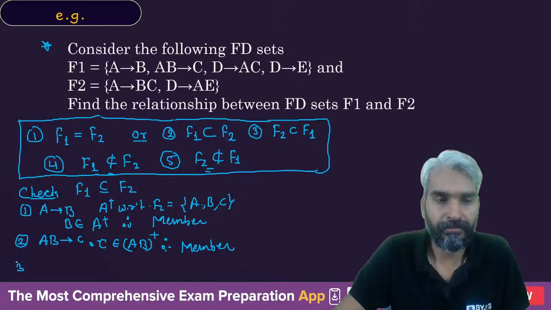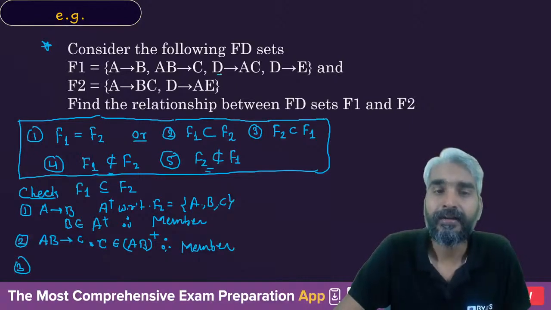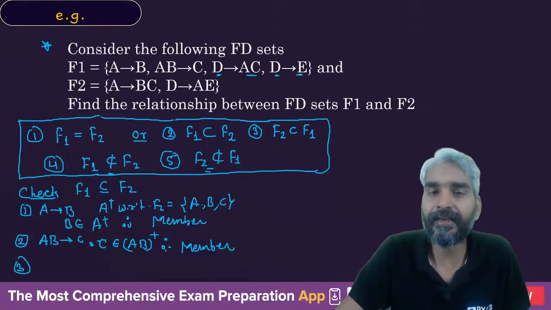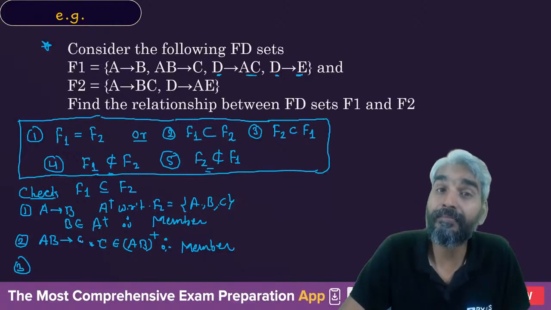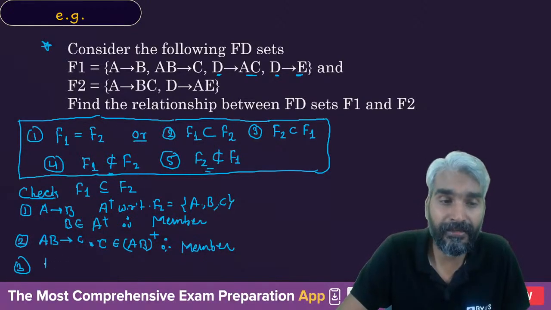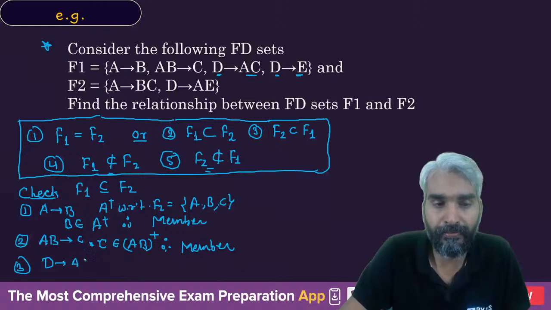Right? Third one. You can actually see, sir, here D implies AC and D implies AE. Both of them have the same determinant. Therefore, you can check for D implies AC and D implies E directly with a single closure. So what you need to calculate?